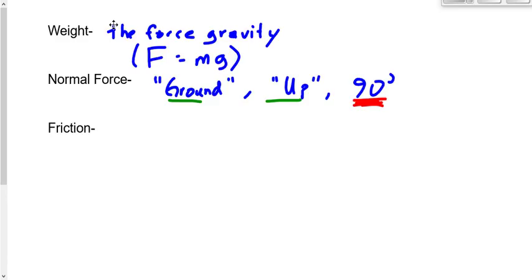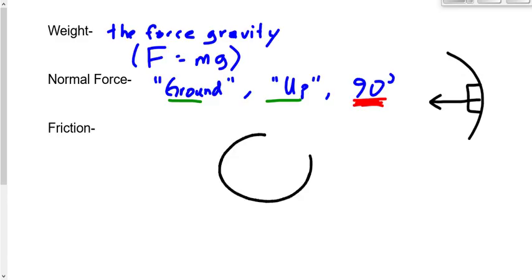Why do we say up? Well, because it's usually up. Right now it's acting up on me. It's acting up on Adam as well. But if you happen to be in a roller coaster where you're on the side like this, the track actually pushes inward like this. The normal force will be horizontal instead of upwards. How many people have ever been on a roller coaster that's gone upside down?